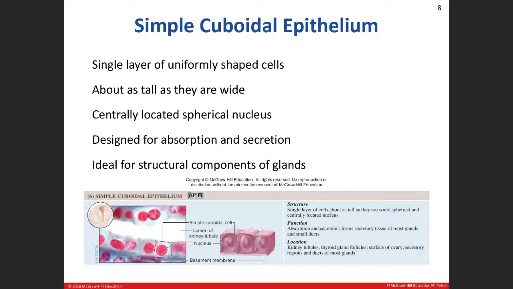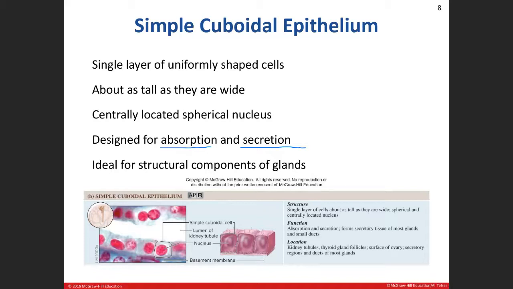How about simple cuboidal epithelium? That's the next one. Simple tells us it's one cell layer thick, but now we're dealing with a square, cube-shaped cell. We're going to see this type of epithelium in places where we need to absorb things and secrete things. So where do we absorb stuff? Well, the skin is a great place.